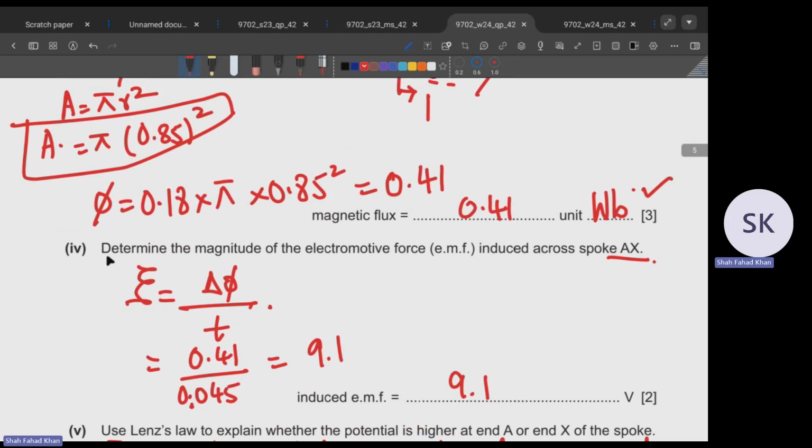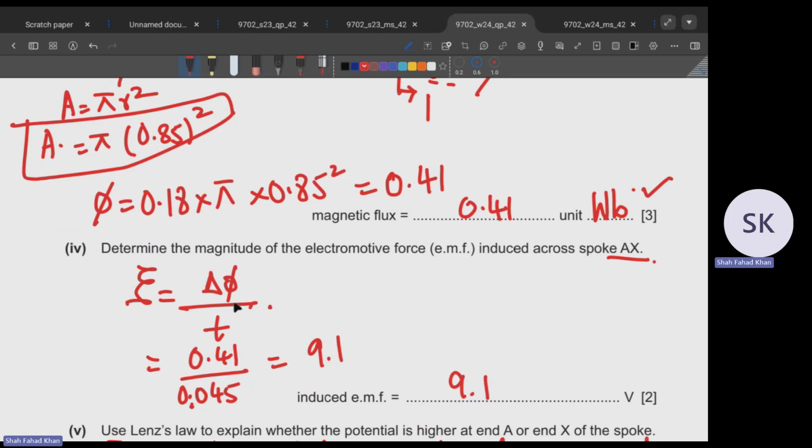Then next is determine the magnitude of the electromotive force induced across the spoke AX. So we need to calculate the EMF basically using Faraday's law of electromagnetic induction. EMF is equal to the rate of change of magnetic flux linkage. So it's basically the total change in flux divided by the total time.